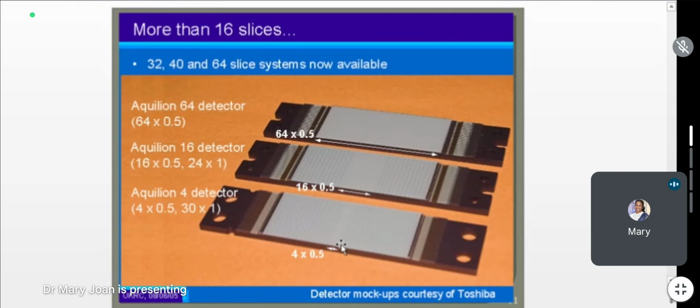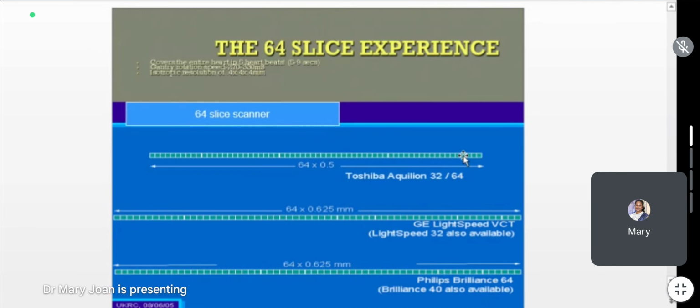Here you can see 4 of 0.5 and 15 each of 1 mm on both sides, and here 16 of 0.5, then 12 each of 1 mm on both sides. And here we have all 64 of 0.5. The same thing is represented again in a pictorial, graphical way.